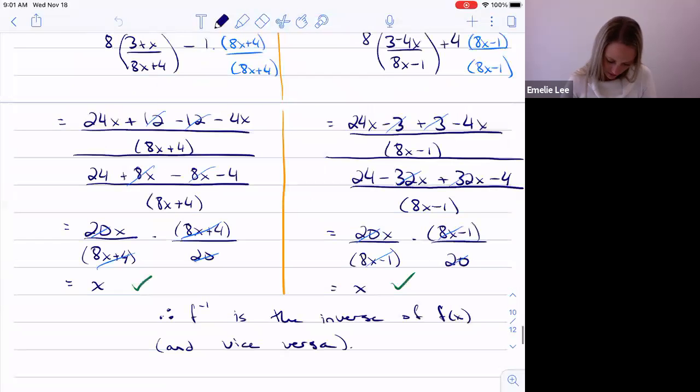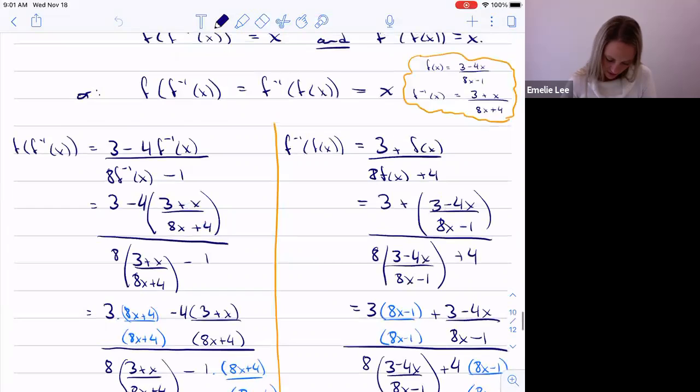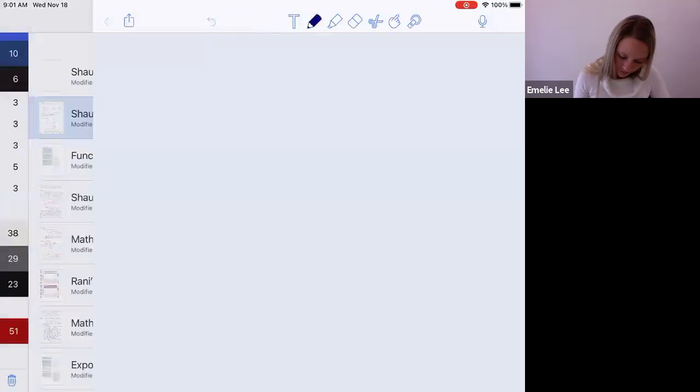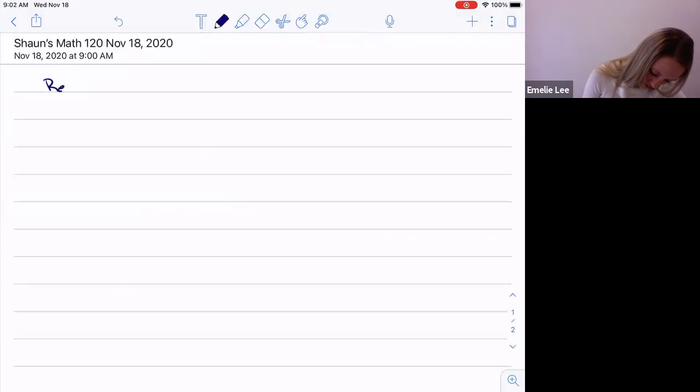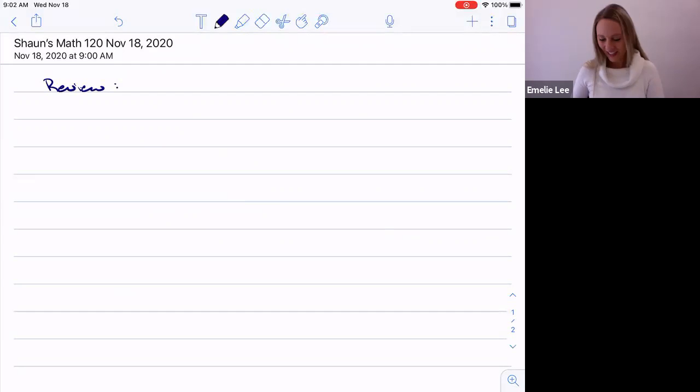Yeah, we talked about the inverse, confirming that it's the inverse. Okay. So just as a quick review, let's see if I can go there in my mind. Feels like a lot's happened since Monday. It hasn't, but just busy week. So we talked about, let me flip back there.